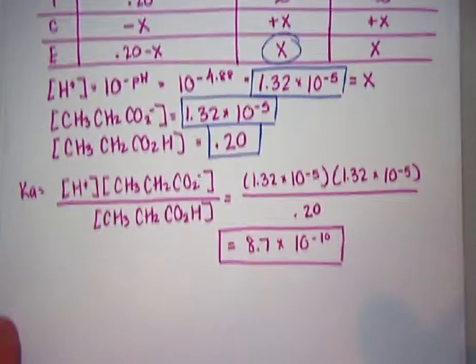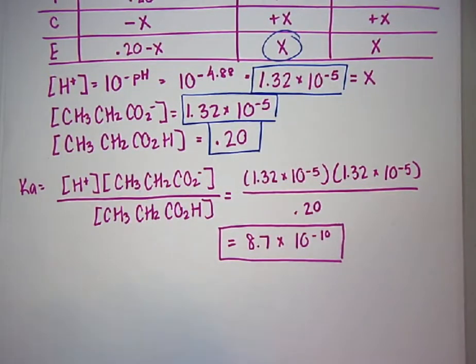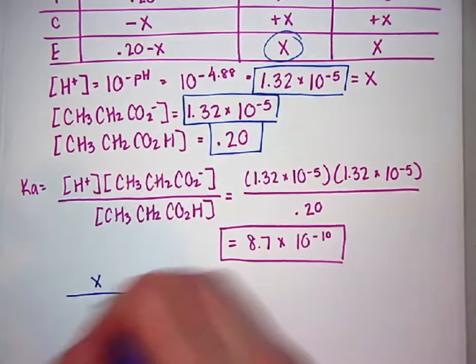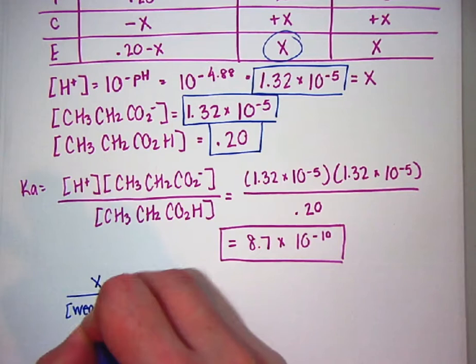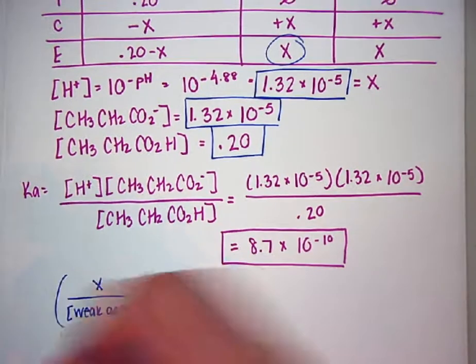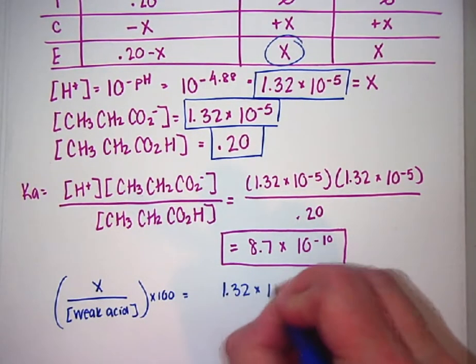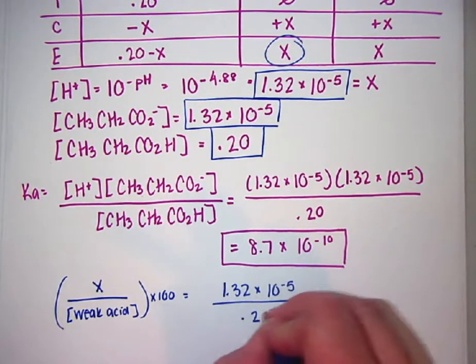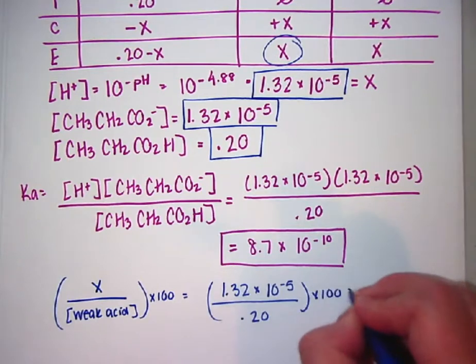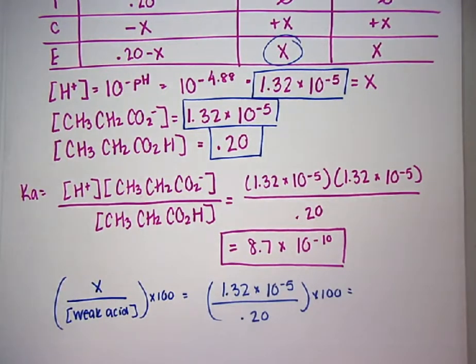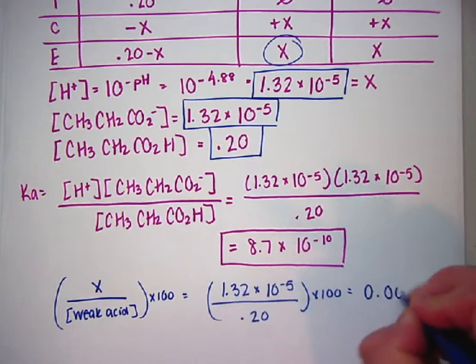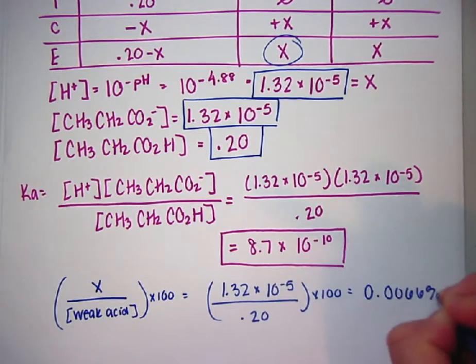If you want to check your 5% rule, X over the concentration of the weak acid is 0.0066%, way under 5%.